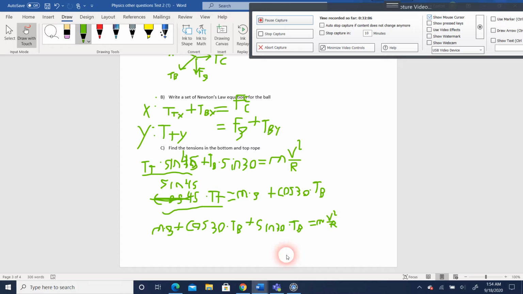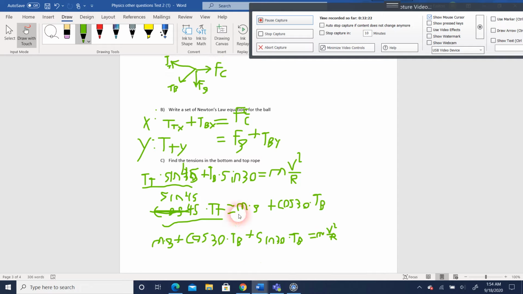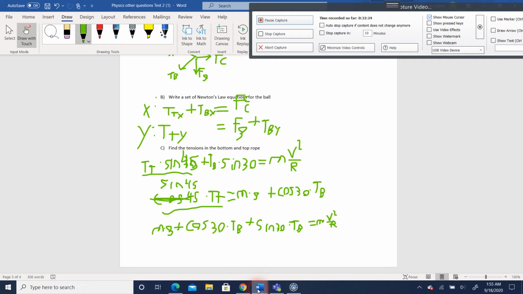And from here we just want to take our mass times gravity and subtract that over. At this point I'm also going to plug in our values.